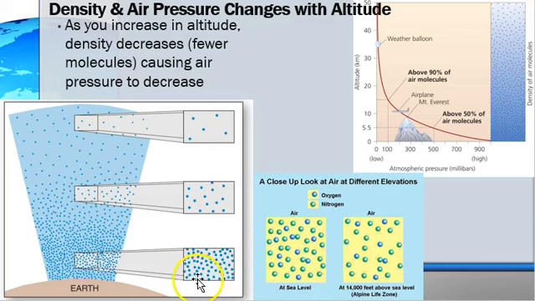And what this is going to cause is pressure is going to decrease as you go up too. So we have a very, very high air pressure down here on the ground, and as we go up and increase in altitude, we're going to get to a point where we have a very low air pressure.